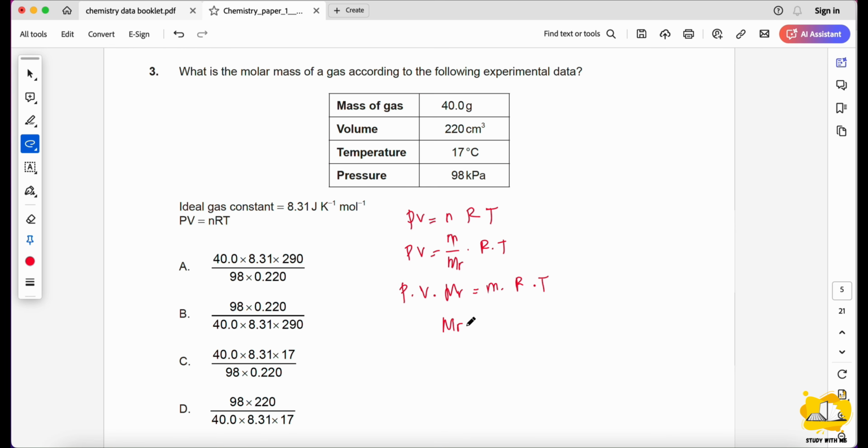So to find Mr, it will be m times R times T divided by PV. And here the volume is in centimeter cube, so we convert it to decimeter cube. So therefore, the molar mass is m times R times T divided by pressure and volume.